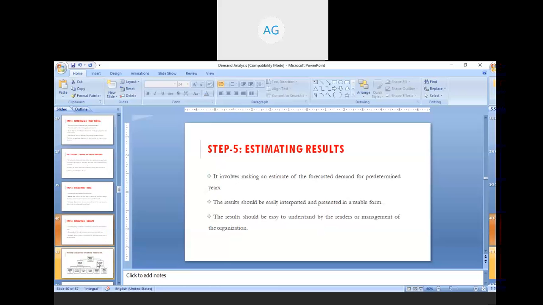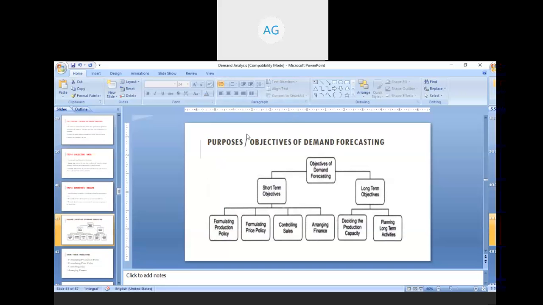So in today's class, we are going to start a new topic related to demand forecasting, and it is the purpose and objectives of demand forecasting. I am just enlarging this slide so that it is much more visible to all of you.